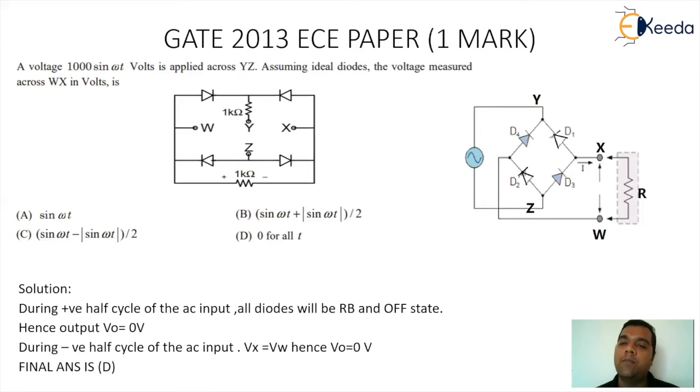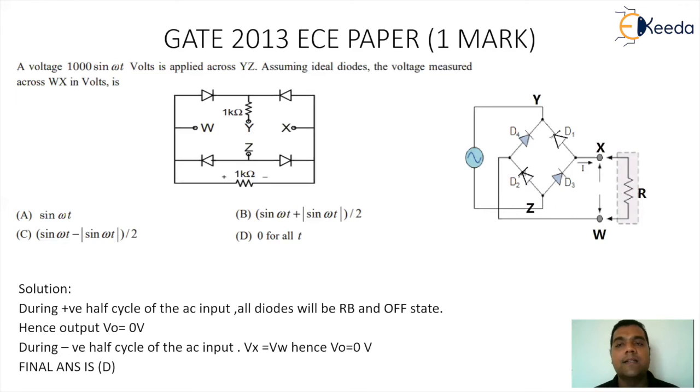And for the bottom diodes D2 and D3, the anode is negative. So for all four diodes, the condition is favorable for reverse biasing. That's the reason they will work like an open circuit. Automatically the value of I will be 0.